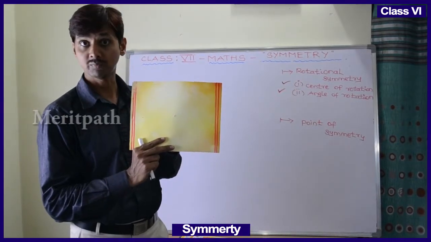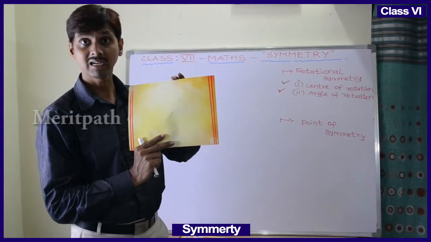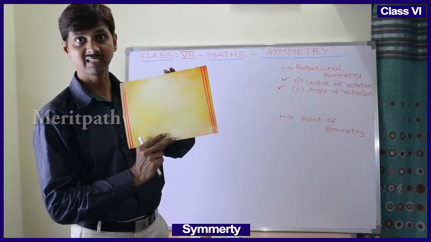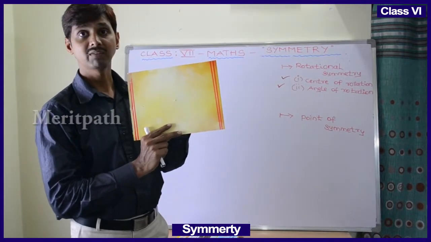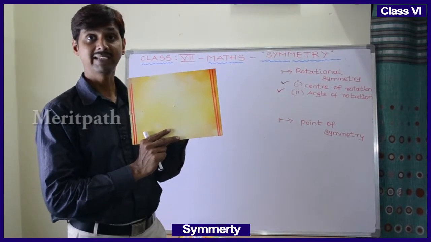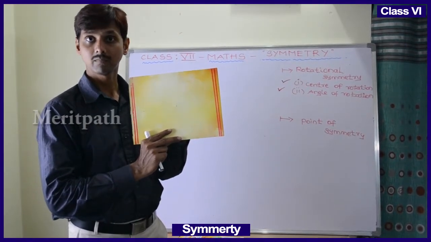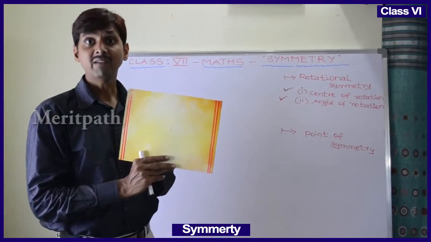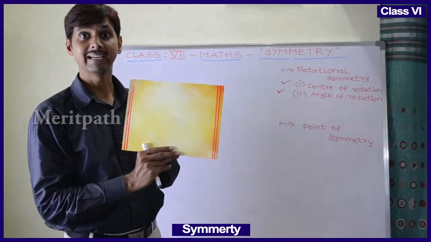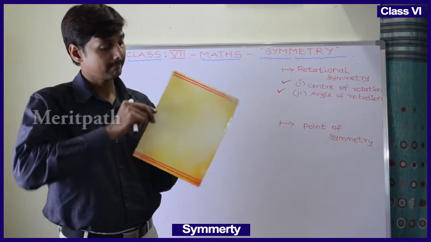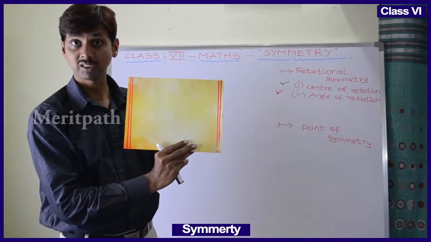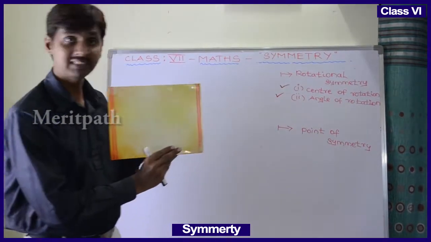When we rotate an object for 180 degrees, just before we have practiced how to turn for 180 degrees, if it gains its previous image, when we rotate an object for 180 degrees, it regains its position. So this is called point of symmetry.